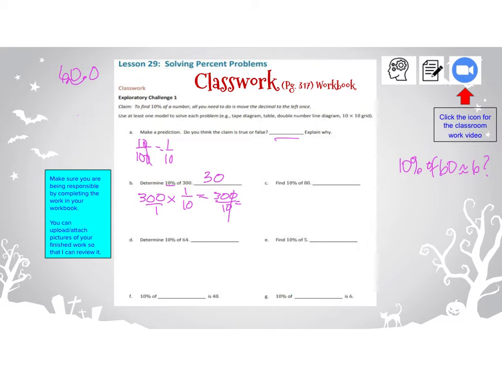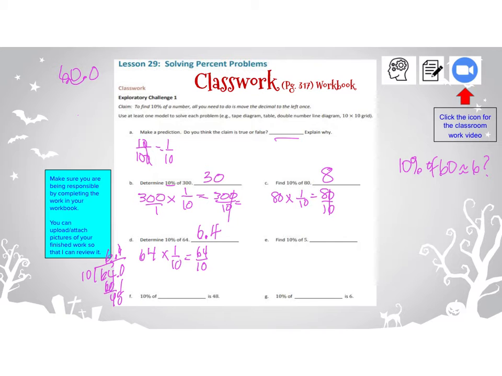What about 10% of 80? I'm going to start with my 80, and multiply that by 1/10. That equals 80 over 10, divide by 10, and I get 8. That works. How about 10% of 64? 64 times 1/10 is 64 over 10, and if I'm dividing 64 by 10, that would be 6.4.